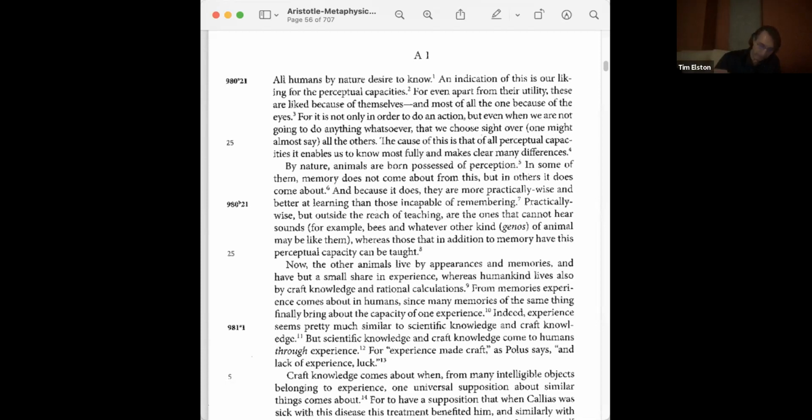And then that categorical supposition about all of them together can be a useful bit of knowledge that can be then applied to certain intentional product making.